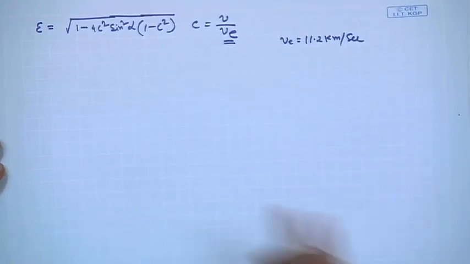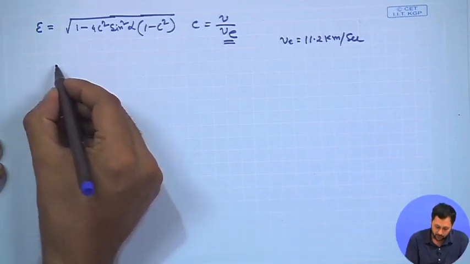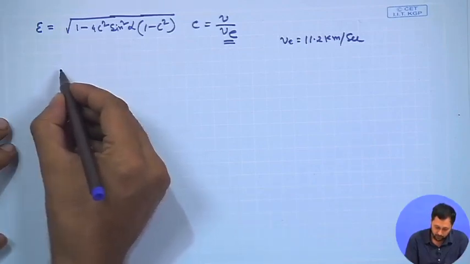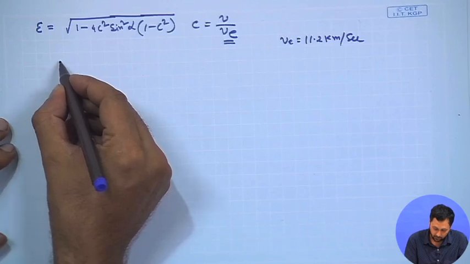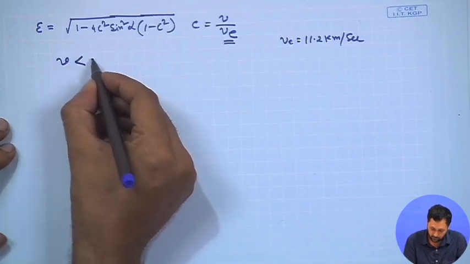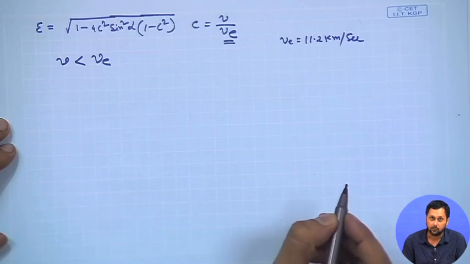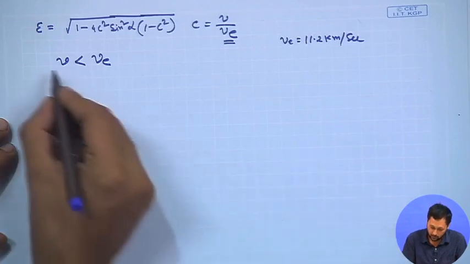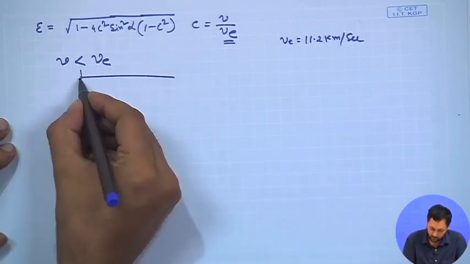And also we have found out the condition for elliptical orbit. We have seen that if the velocity v is less than ve, then we have an elliptical orbit. Inside that there are two regimes.